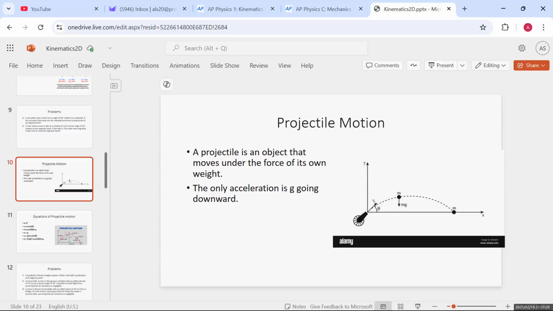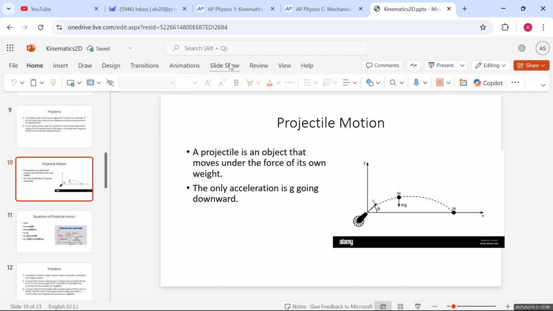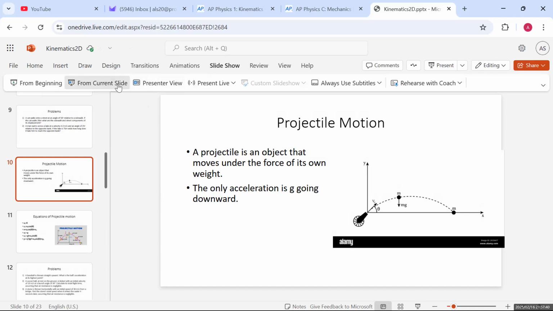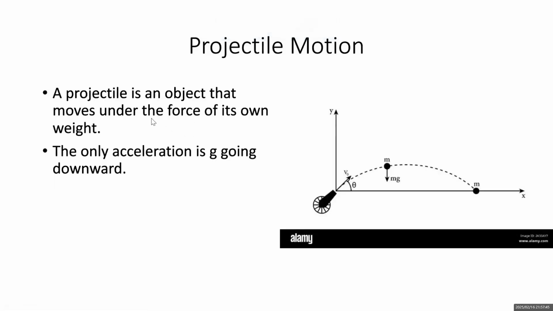Share the screen. Now, a projectile is an object that moves only under the force of its own weight. The only acceleration is g, going downward.